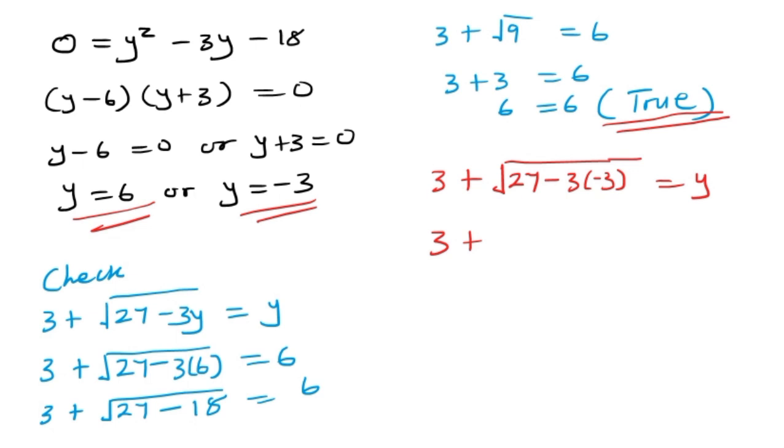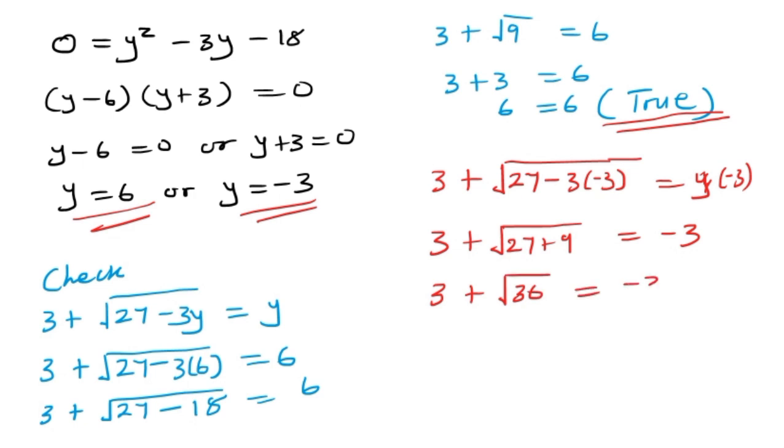Minus 3 times minus 3 gives us positive 9, so we will have the square root of 27 plus 9. So this will be 3 plus the square root of 36, and the square root of 36 is 6.